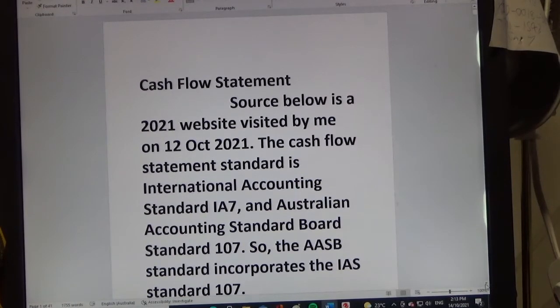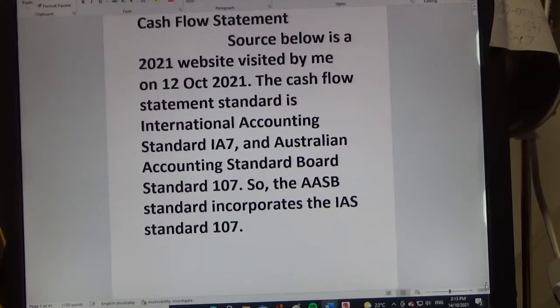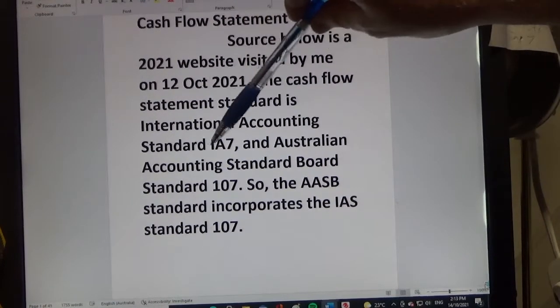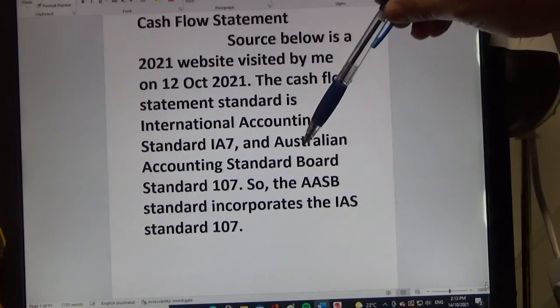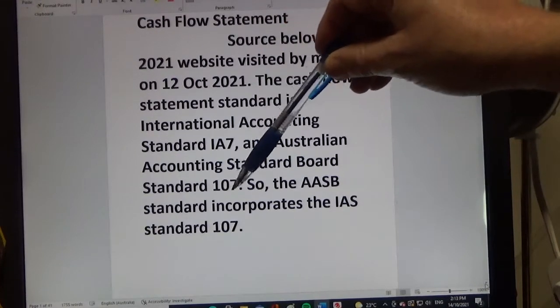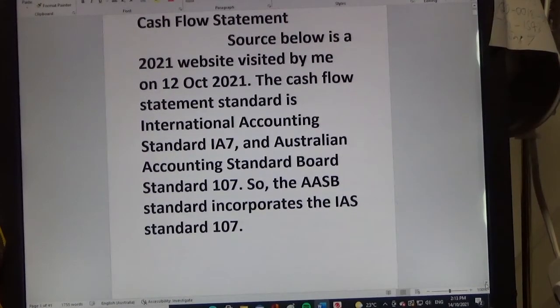Cash statements for official reporting for companies have to be templated to International Accounting Standard IAS 7, and in Australia the standard is AASB 107. So the Australian Accounting Standards Board incorporates International IAS 7 in their accounting standards.